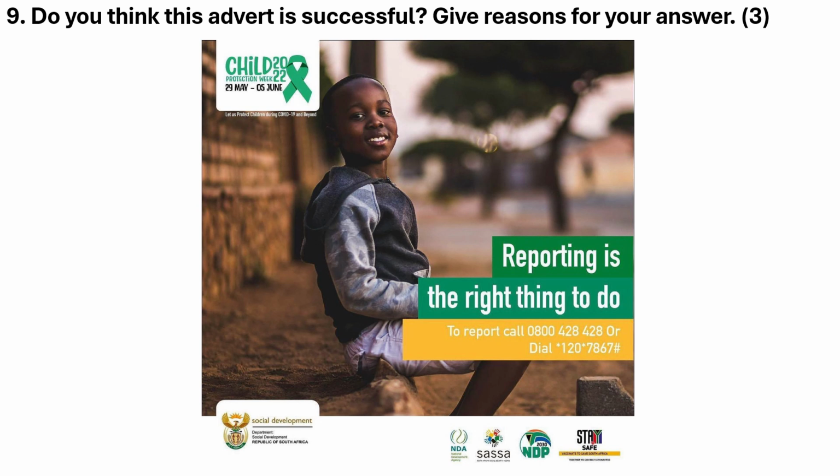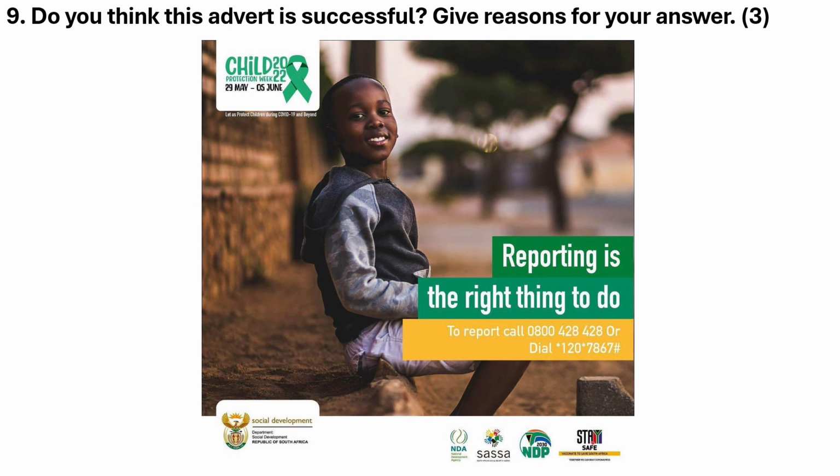You need to say what the purpose of the advertisement is and give 2 reasons for your answer that are based on the text, and to say why and how the advertisement actually achieved its purpose. So the purpose of the advertisement is to persuade people to report child abuse or instances where children need protection. That's 1 mark.